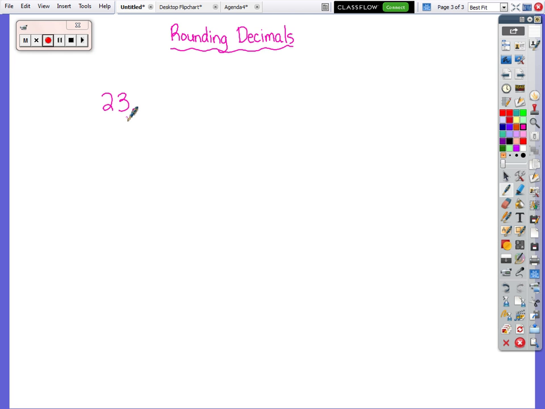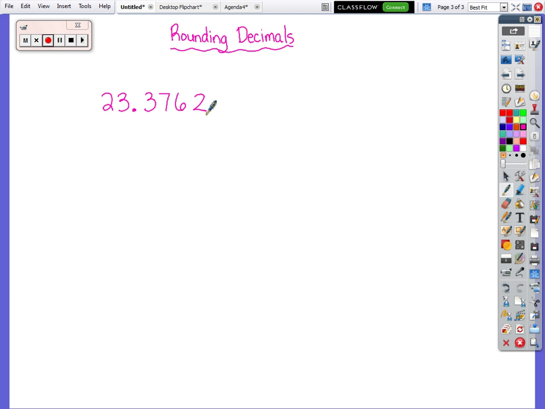So this is 23. Remember, all whole numbers have a pretend invisible decimal right behind them. The numbers to the right of my decimal are like my fractions, numbers that are not a whole.